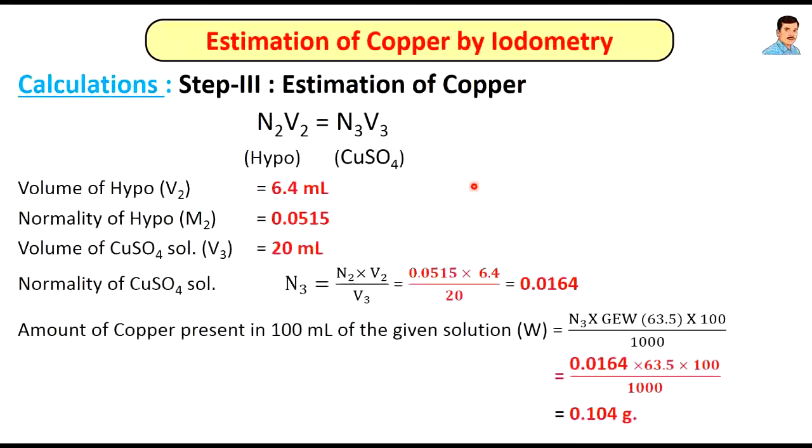We have to calculate the normality of the copper sulfate solution here. We use the formula N2V2 is equal to N3V3, where N2V2 belongs to hypo and N3V3 belongs to copper sulfate solution. We have to calculate N3 here.